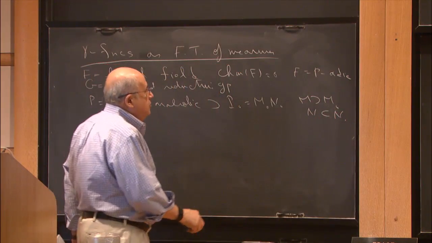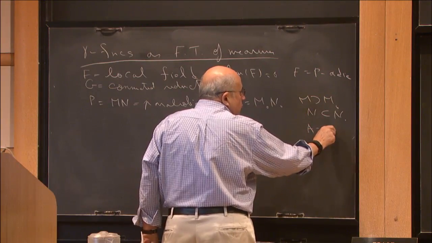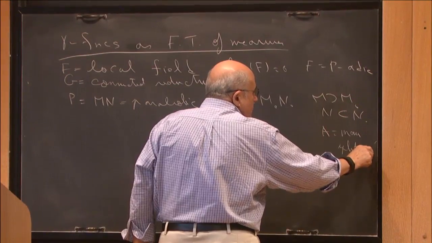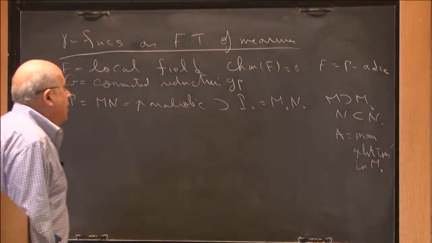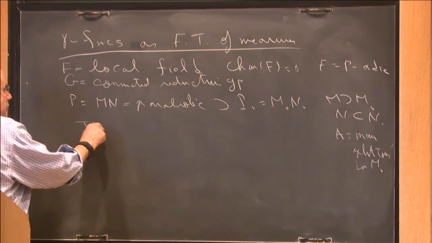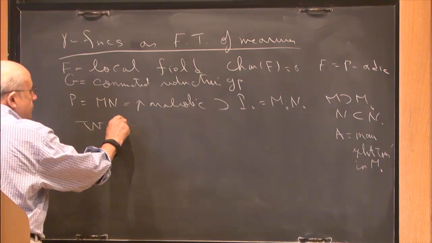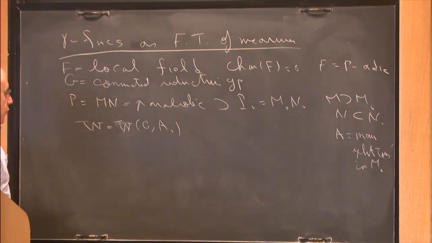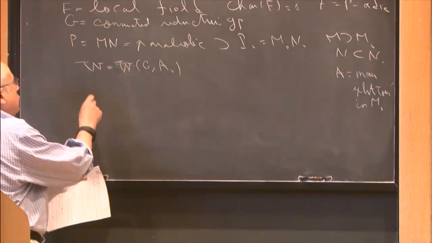And I will assume a maximal split torus A naught in M, I put it in M naught. And then of course I have the Weyl group of G and A naught.